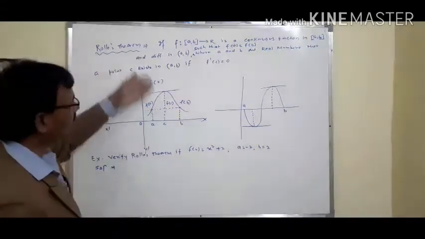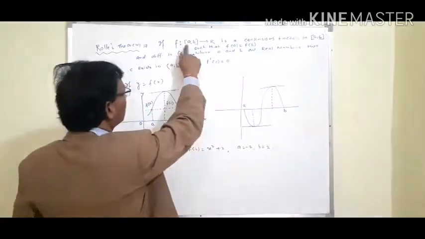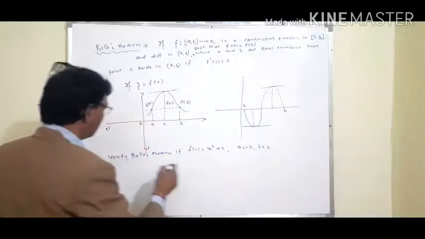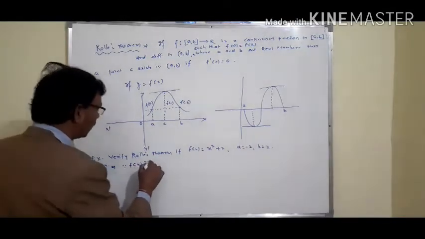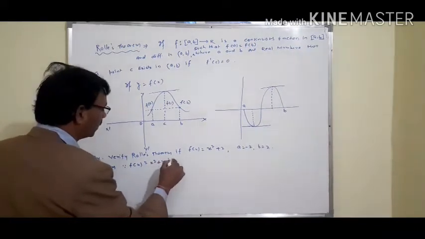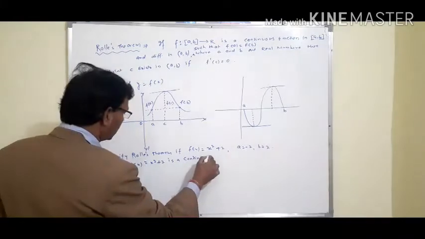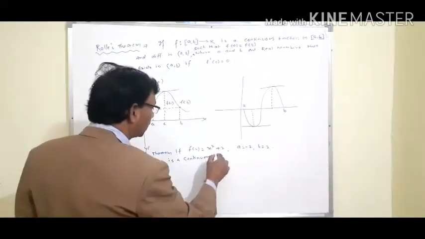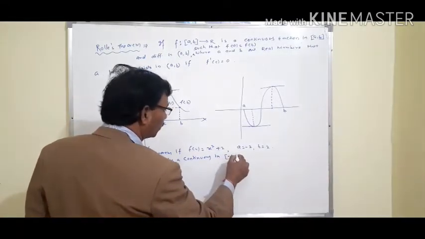like this. Since you can see here f from a to b to R is a continuous function in ab. Since f of x equal to x square plus 2 is a polynomial, and every polynomial is a continuous function, it is continuous in closed interval ab, that means -2 to 2.